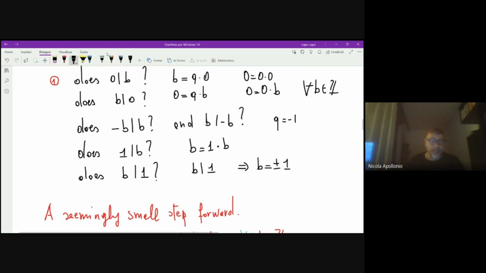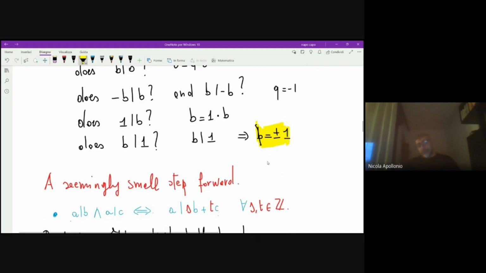You have to convince yourself that this is true. So B is equal to plus or minus 1 whenever B divides 1. And of course, think of the Euclidean division, which can be applied in this case.